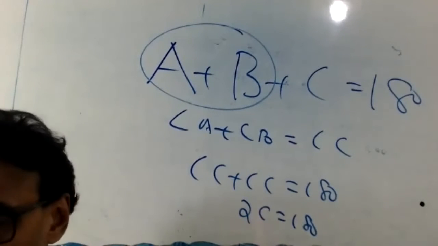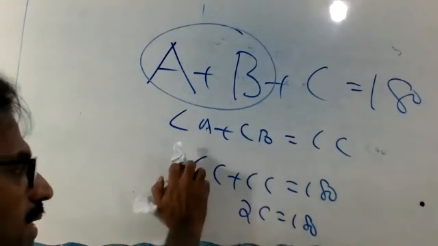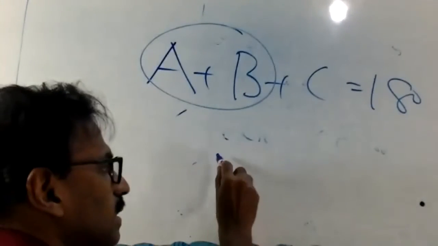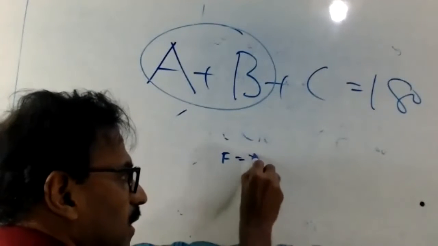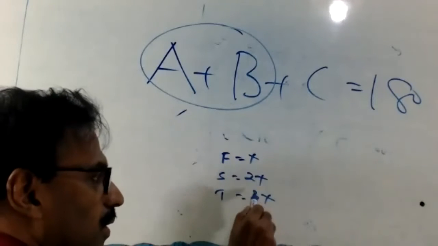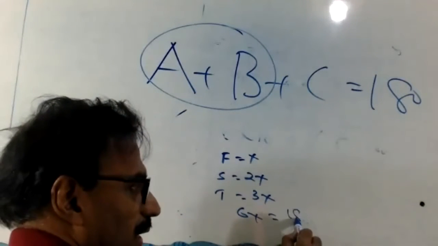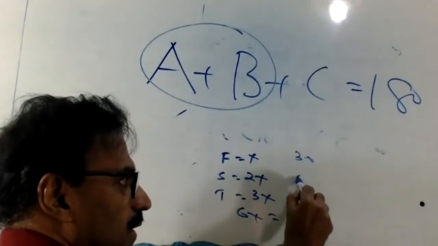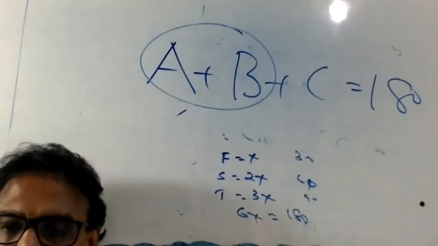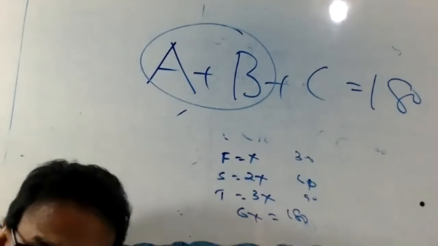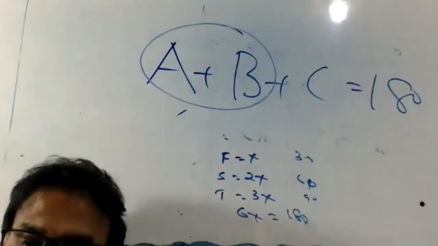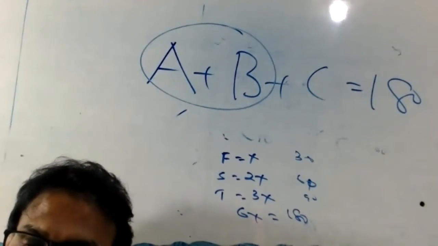First of all, the smallest angle is x. The first angle is the shortest one, x. Second one, 2x. Third one, 3x. Add up: 6x equal to 180. x is 30. So 30, 60, 90. Okay, clear now? So prepare up to here. This will continue next class, Wednesday.